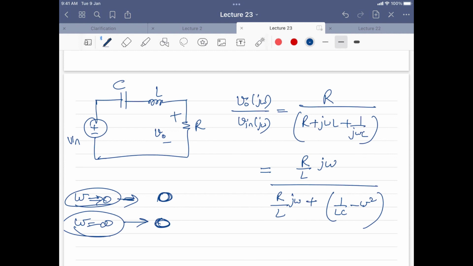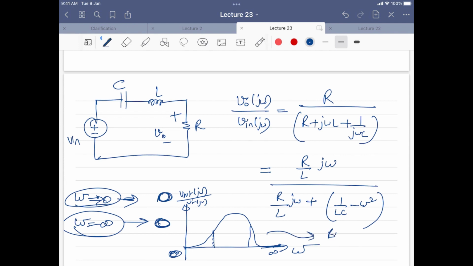Yes, sir. So the characteristic will look like this: V out j omega over V in j omega on the vertical axis, and this is your frequency, with omega equal to 0 here and omega equal to infinity there, and somewhere in between it will rise and then fall again. So this type of circuit is a band pass filter, because it is passing.